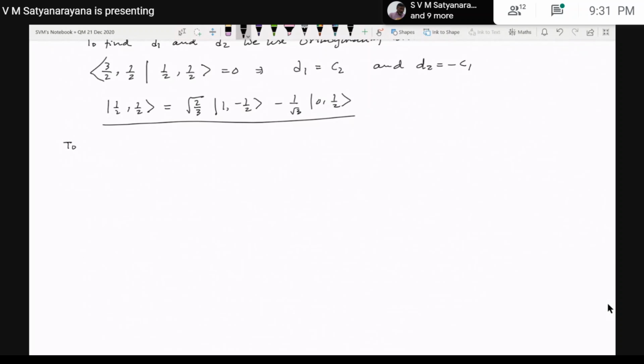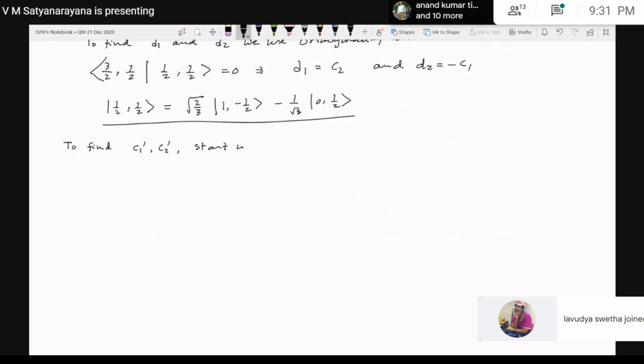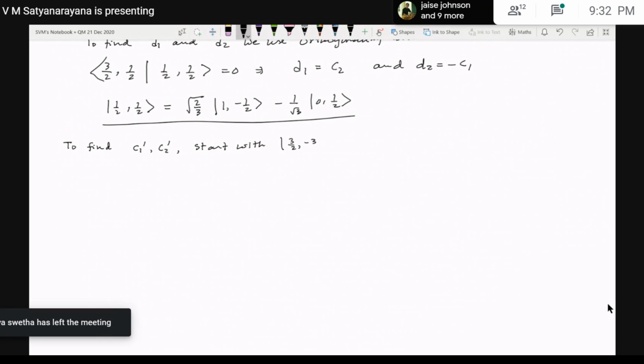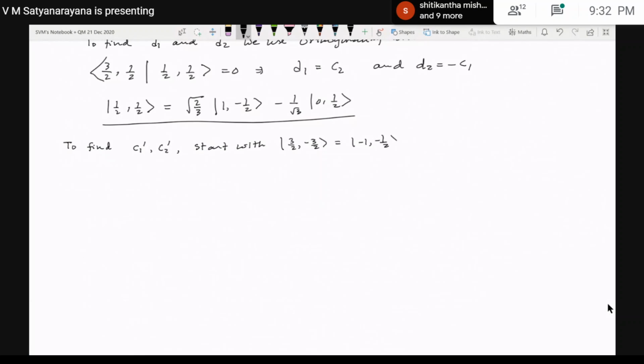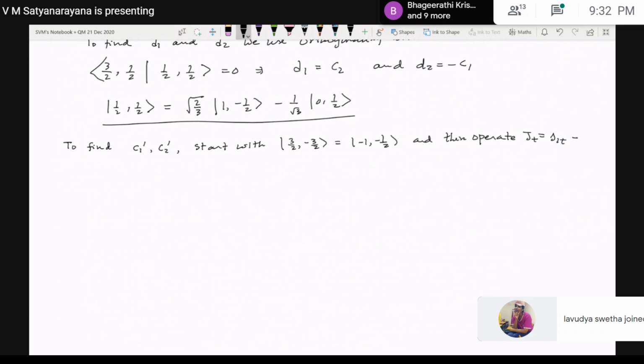So to find T1 prime, T2 prime, you start with 3 by 2 minus 3 by 2 is equal to minus 1 minus half, and then operate j plus, which is equal to j1 plus j2 plus.